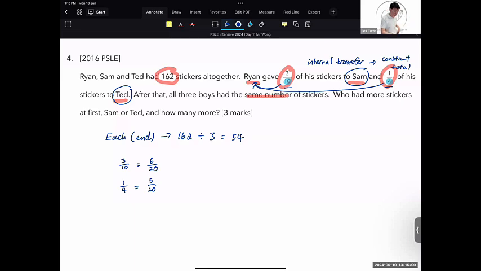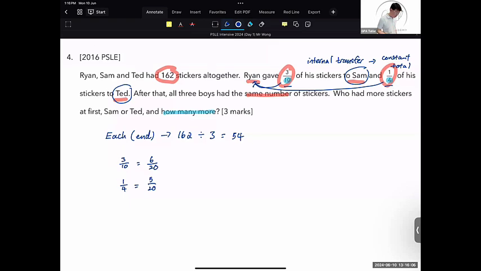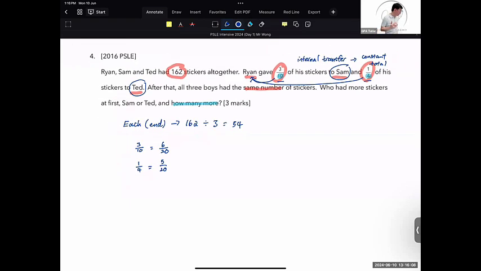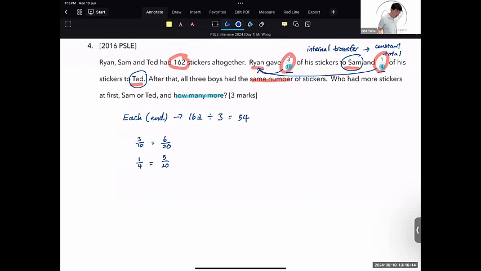But the question also wants you to find how many more. So we need to continue to go and solve for how many more. But this tells you that at first, you have the number of units that Ryan had at first. Okay? So what does that suggest? If in the end, they each have 54 stickers, what does that tell you?